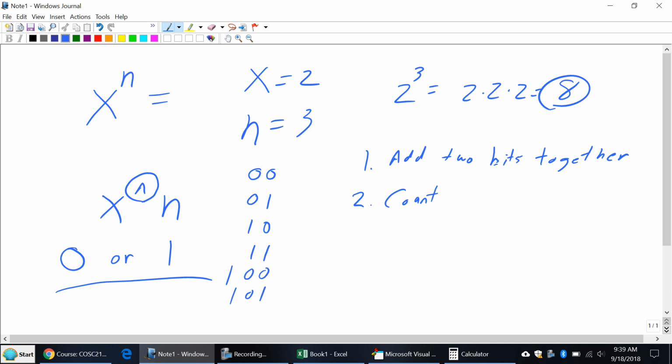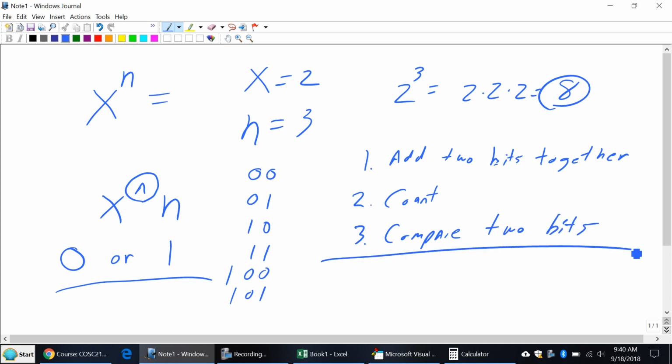Instead of having 10 digits, 0 through 9, they had 60. So this is pretty easy to do, and they can compare two bits together.